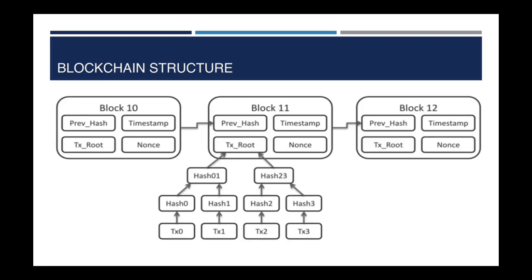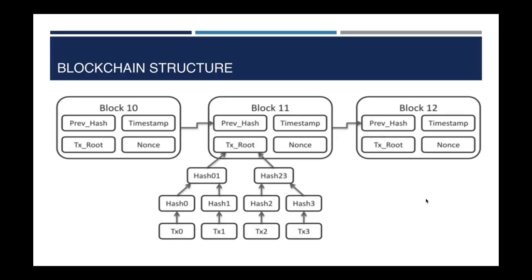In this slide, you can see how blocks are stored in the blockchain. As you can see, these are considered as blocks, which are uniquely numbered: block 10, block 11, block 12, and the chain continues.